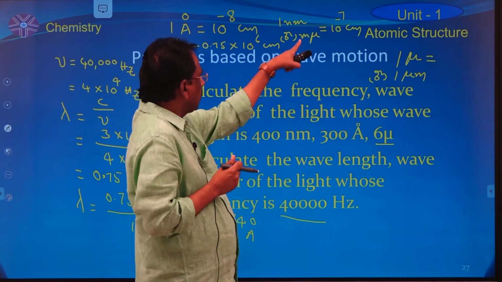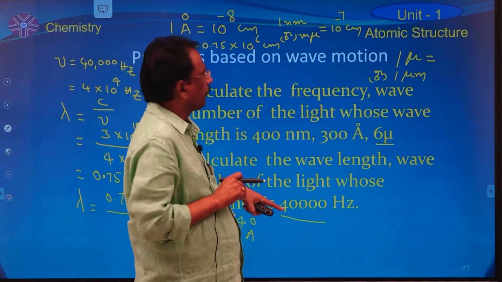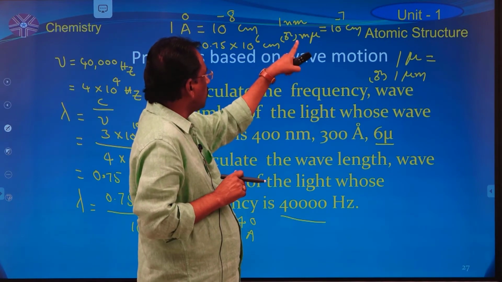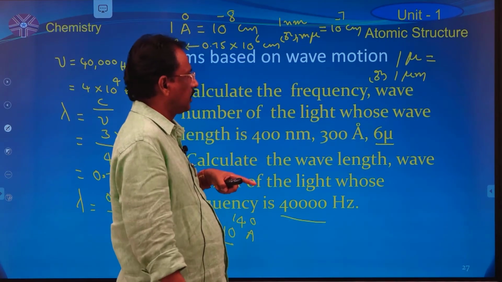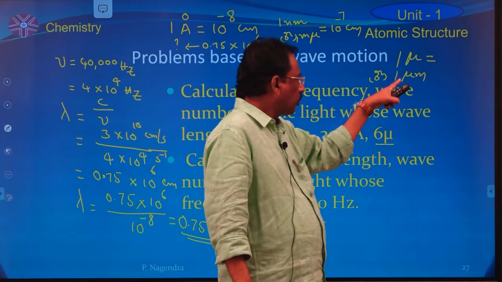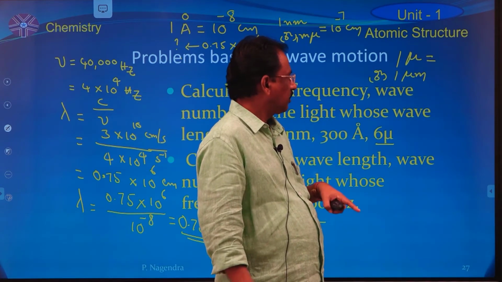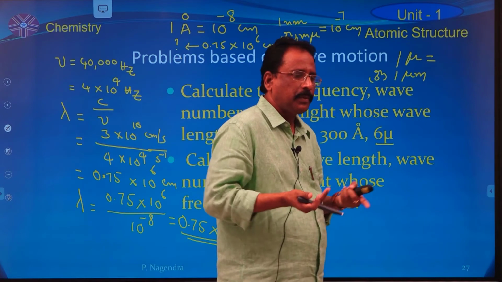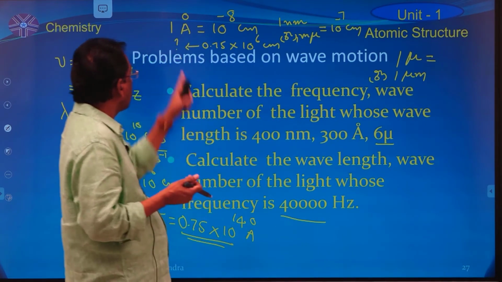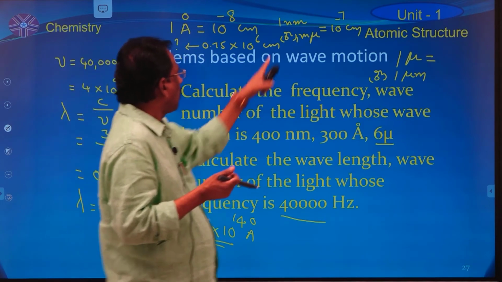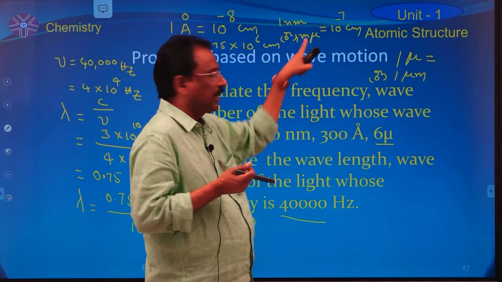This is millimicron, follow properly. 1 nanometer is equal to 1 millimicron. This is micrometer, micron. That means wavelength is expressed in centimeter or meter or angstrom unit or nanometer. Nanometer is nothing but millimicron.